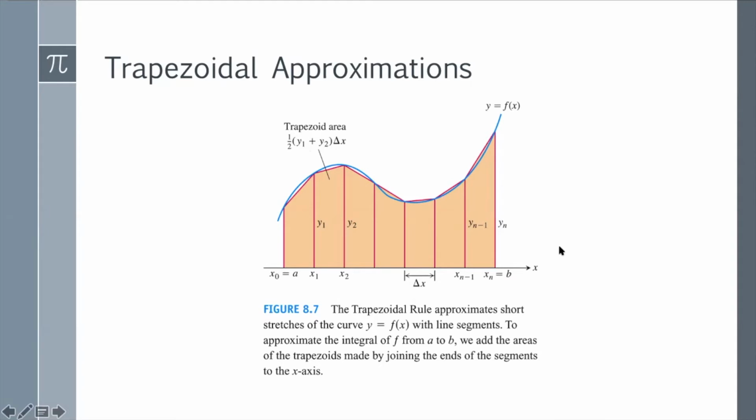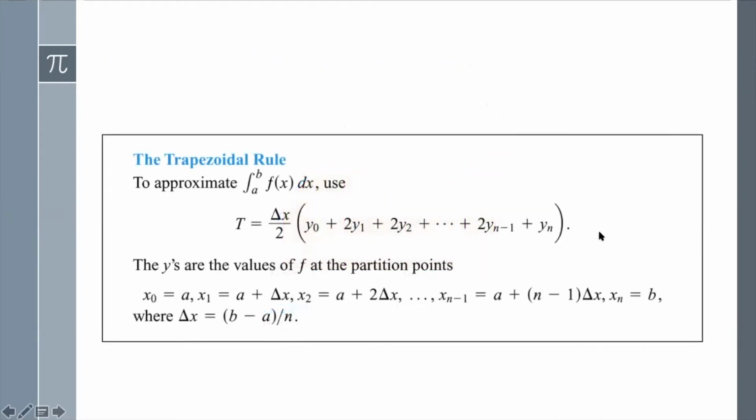All right, so that leads to this formula for the trapezoidal rule, the trapezoidal approximation. To approximate the integral from a to b of f of x dx, use T, which is equal to delta x divided by 2 times the sum y0 plus 2y1 plus 2y2 plus and so on, plus 2 times y sub n minus 1 plus y sub n.